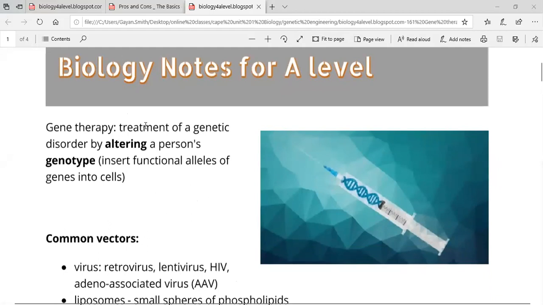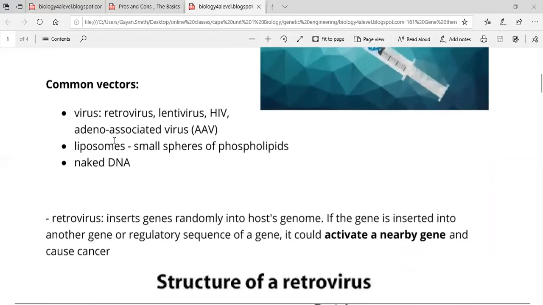So gene therapy is a treatment of a genetic disorder by altering a person's genotype, which is that you are inserting functional alleles of genes into cells. In order to do this, you need a vector. So vectors include viruses, retroviruses, lentiviruses, HIV viruses.